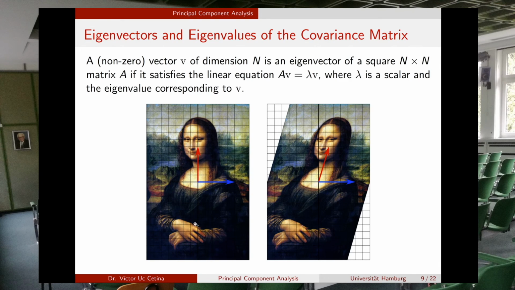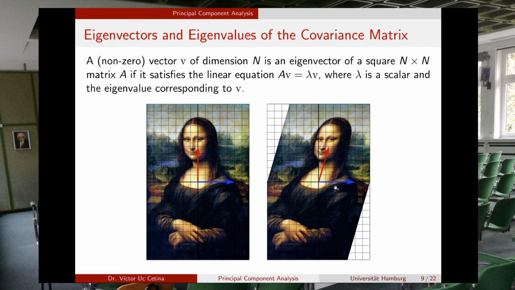So we have this image here, and this image was transformed by multiplying it by a matrix, and the matrix is a rotational matrix, so it is rotating the pixels in this image, in such a way that this red vector here in the resulting image will be pointing in another direction, but the blue vector is the same here.